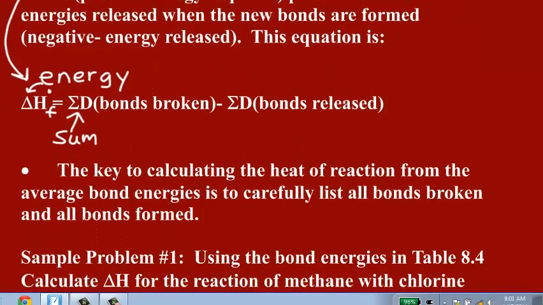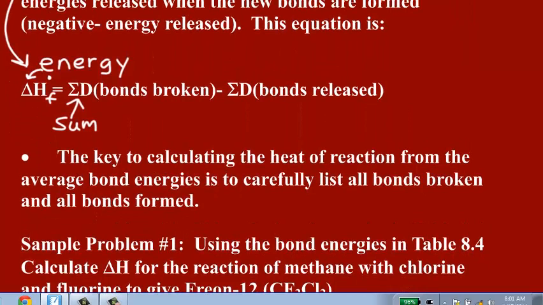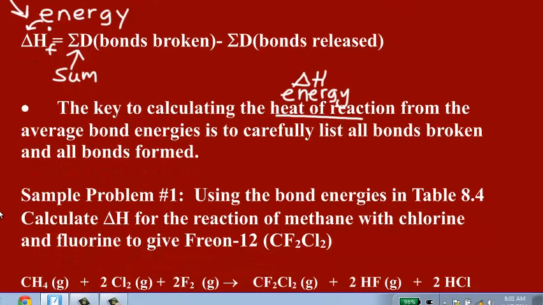So the key to calculating the heat of reaction, this is your energy of the reaction, your delta H, they all mean the same thing, from the average bond energies is to carefully list all bonds broken and all bonds formed.